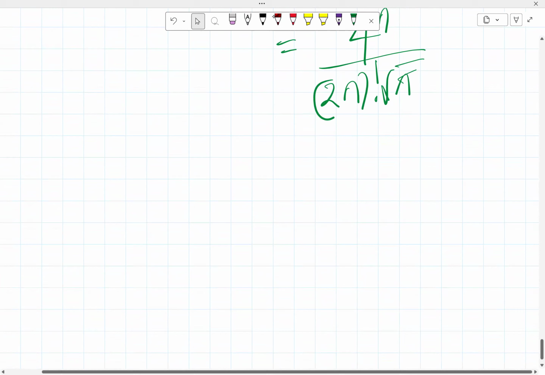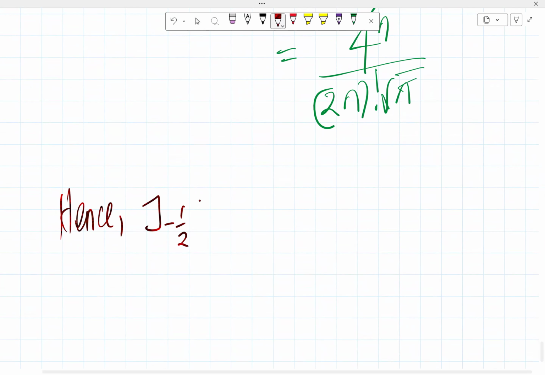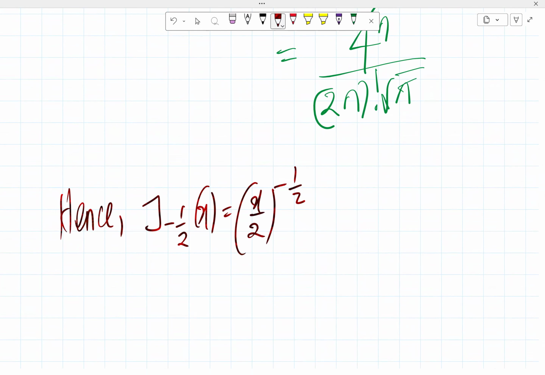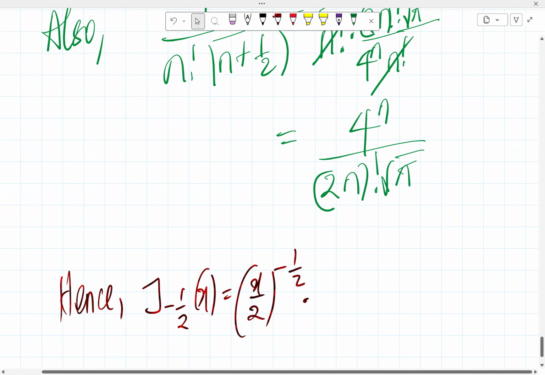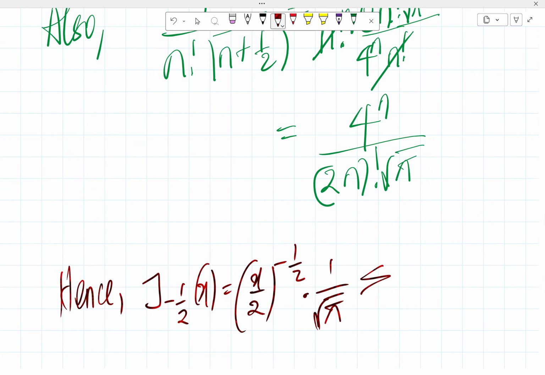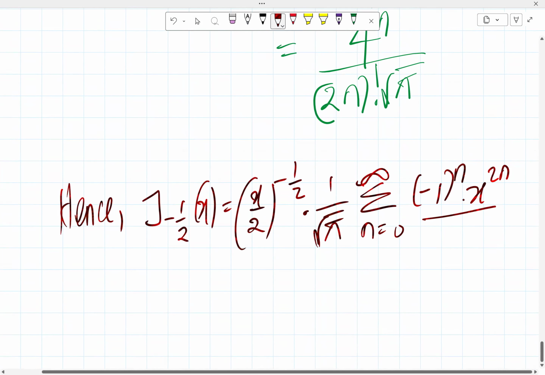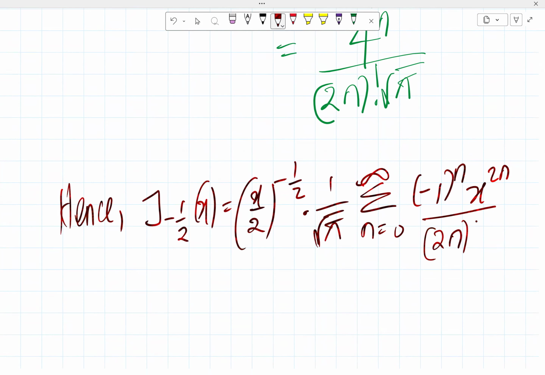So we can say hence J minus half of x is now x over 2 raised by minus 1 over 2, then multiplied by 1 over root pi, then summation from n equals 0 to infinity of minus 1 raised by n, then x raised by 2n, this x squared raised by n, that's x raised by 2n. Then down here, we have 2n all factorial.